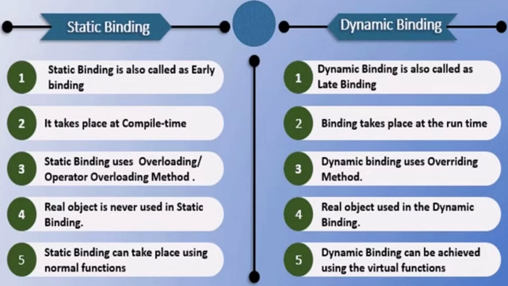Dynamic binding uses overriding methods. A real object is never used in static binding, whereas in dynamic binding, a real object is used. Static binding can take place using normal functions. Dynamic binding can be achieved using virtual functions.